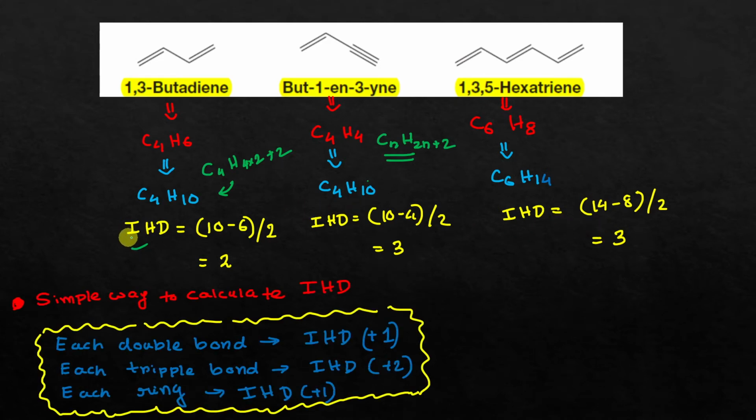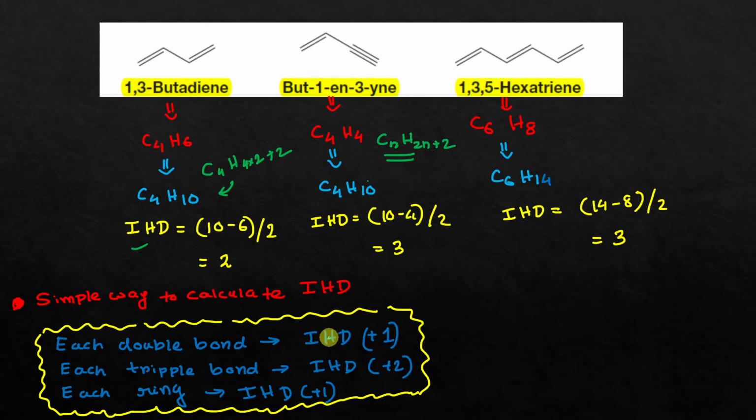Now these are basically the mathematical way of calculating the IHD, but there is a very simple way to calculate the IHD, and using this simple way you can skip this mathematical process. First of all, if there is any double bond in your organic compound, then that double bond will contribute one IHD.